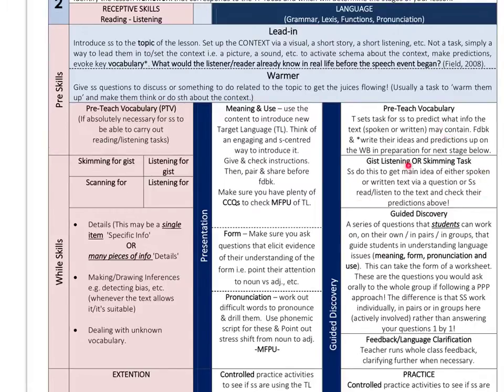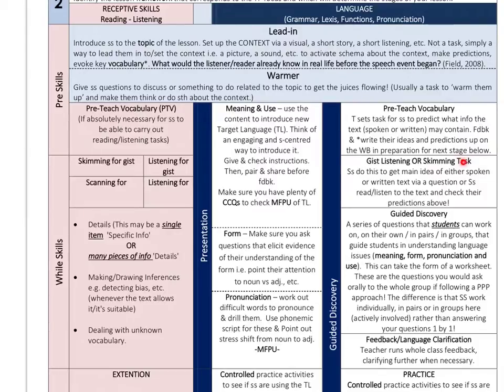That gives them a purpose for listening. However, it's not the only way. Instead of doing these predictions, you can give them just one question. Read the text or listen to the text and answer the question. That would be a gist listening or a skimming question or task.